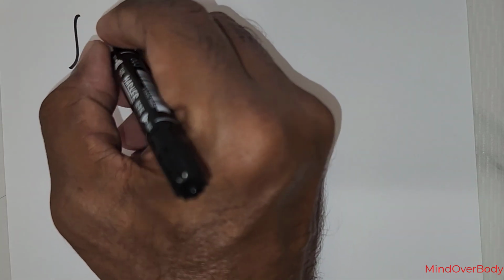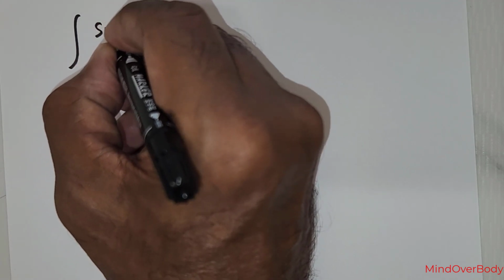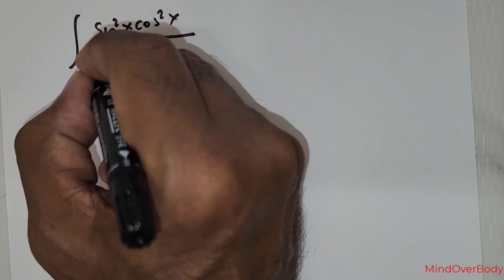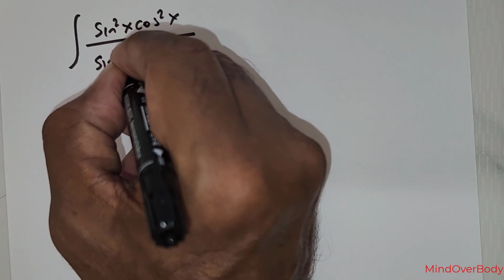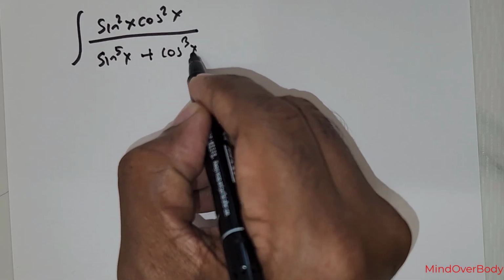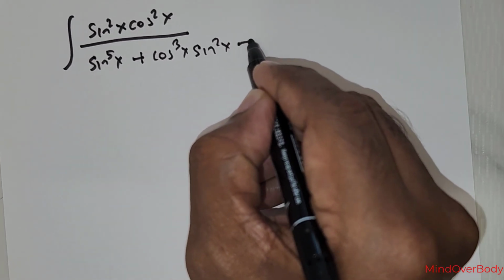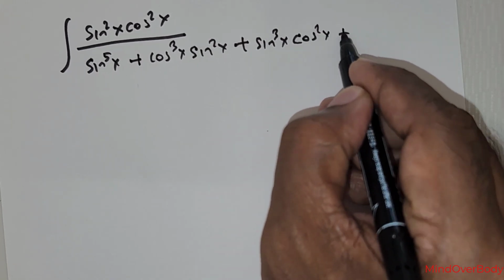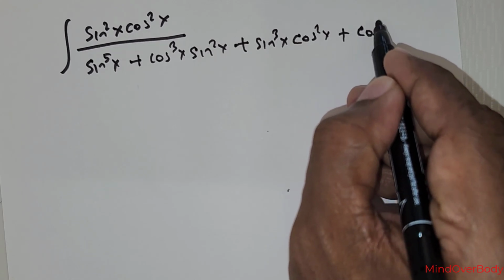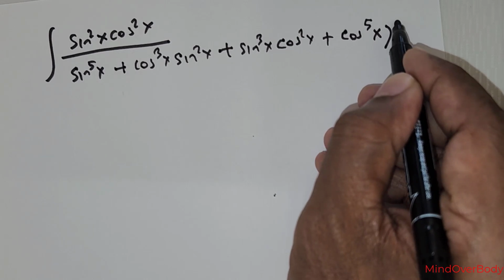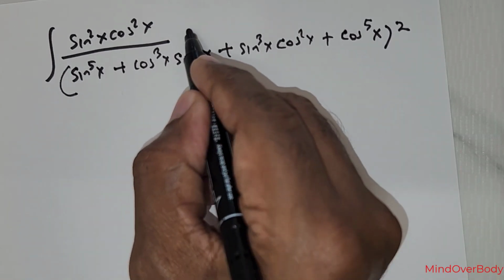Now you have this next question. Integral of sine squared x times cos squared x divided by (sine raised to the power of 5x plus cos cubed x times sine squared x plus sine cubed x times cos squared x plus cos raised to the power of 5x) raised to the power of 2, times dx.